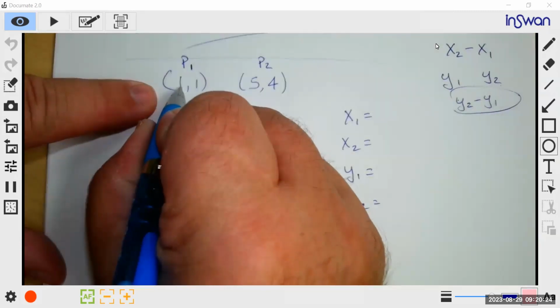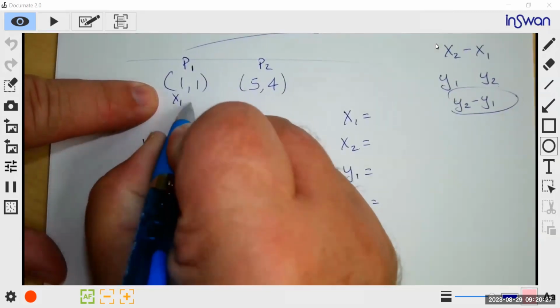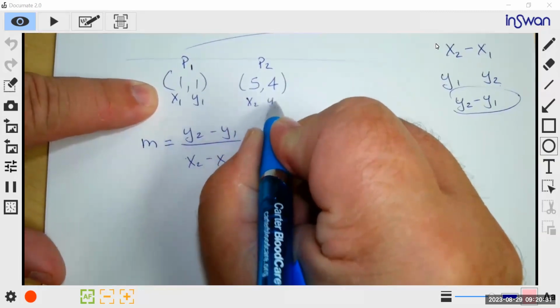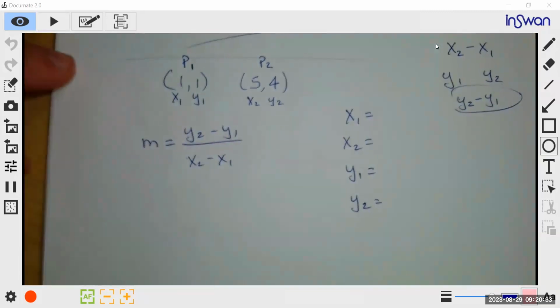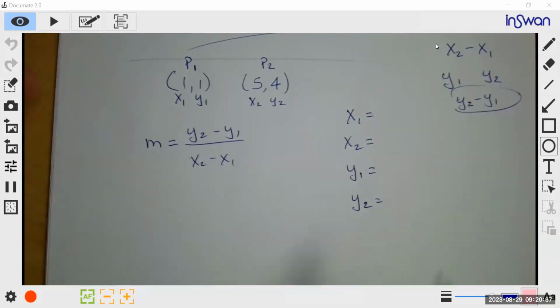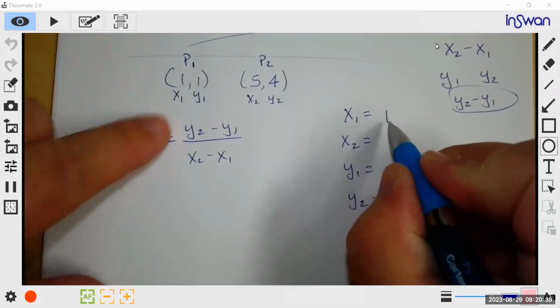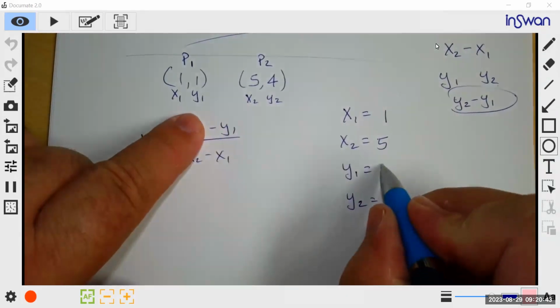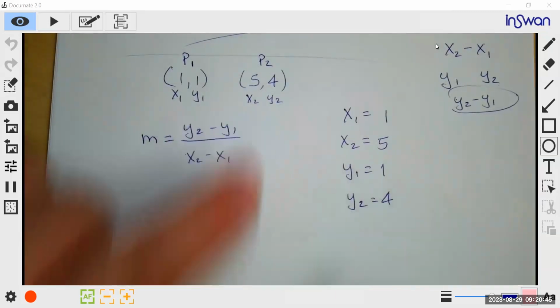So therefore, this is the x value of the first point. That's x1, y1, x2, y2. So the first thing we do is just label all our points. So we have x1 is 1, x2 is 5, y1 is 1, y2 is 4.